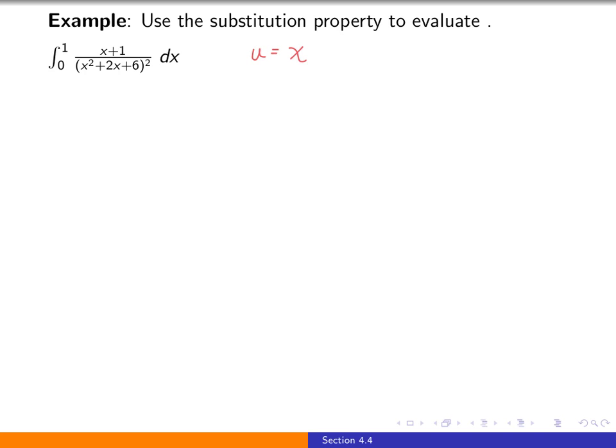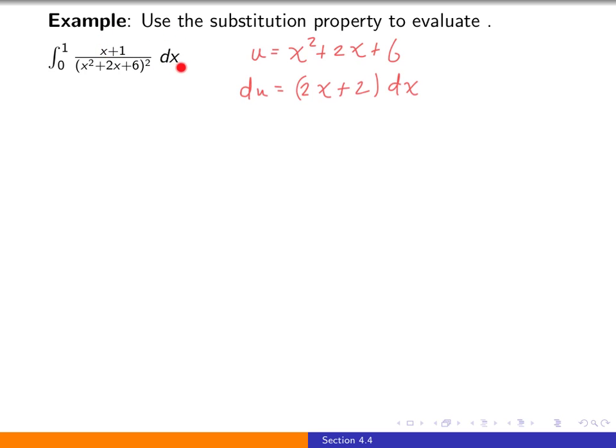If u is equal to x squared plus 2x plus 6, du will be its derivative, so 2x plus 2 all multiplied by dx. The observation we have to make is we don't quite have that in our integrand. So du needs to be 2x plus 2 times dx.